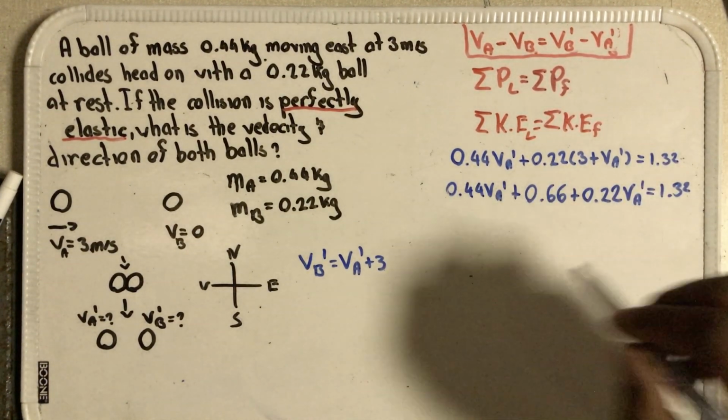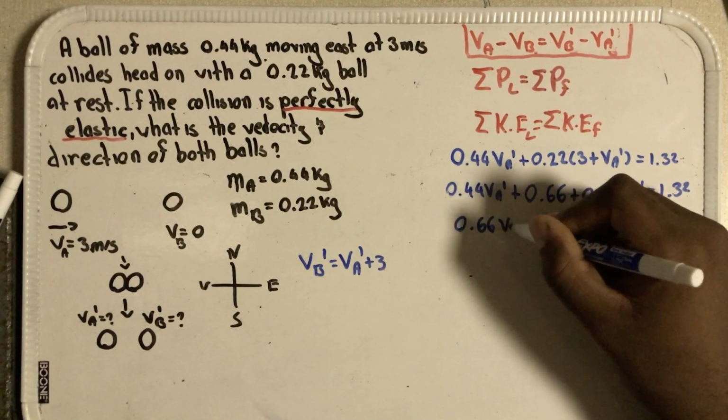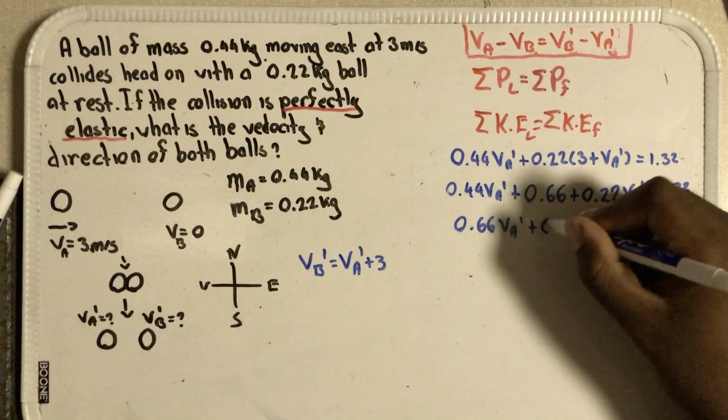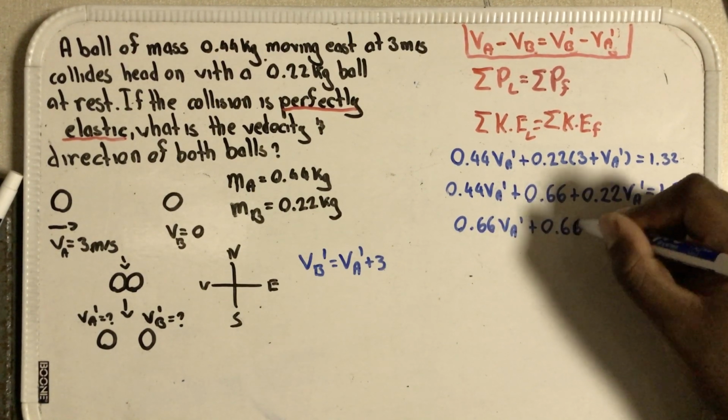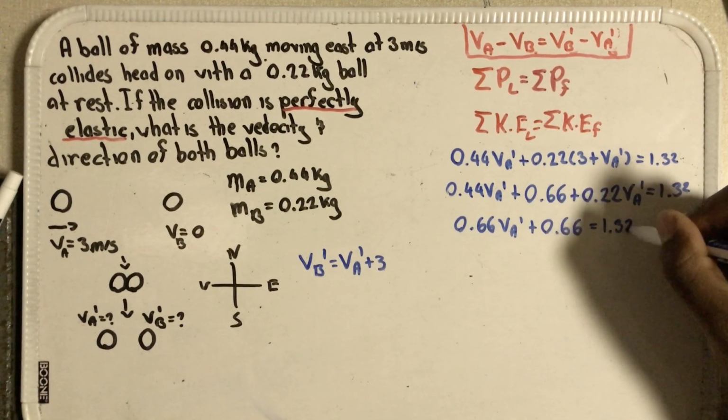Adding the VAs together, I get 0.66 VA plus 0.66, which is equal to 1.32.